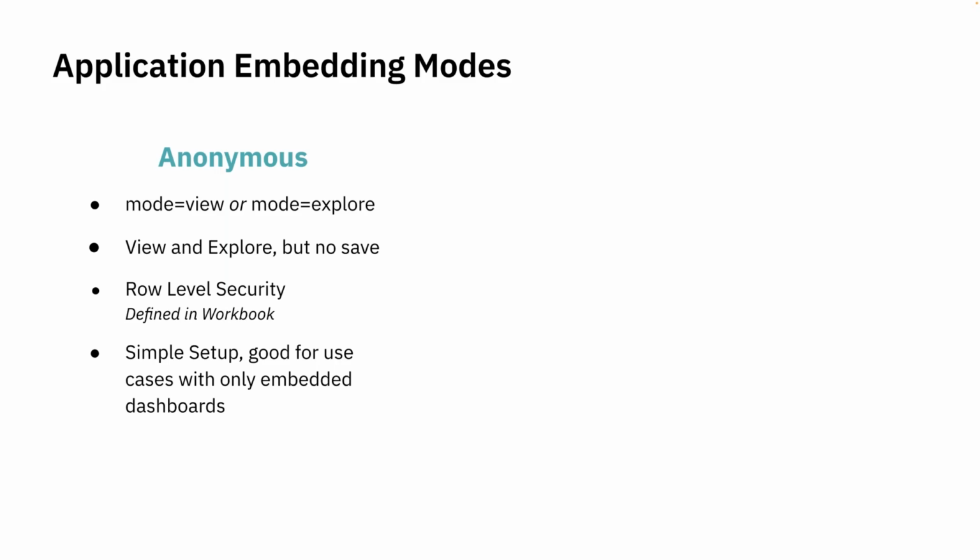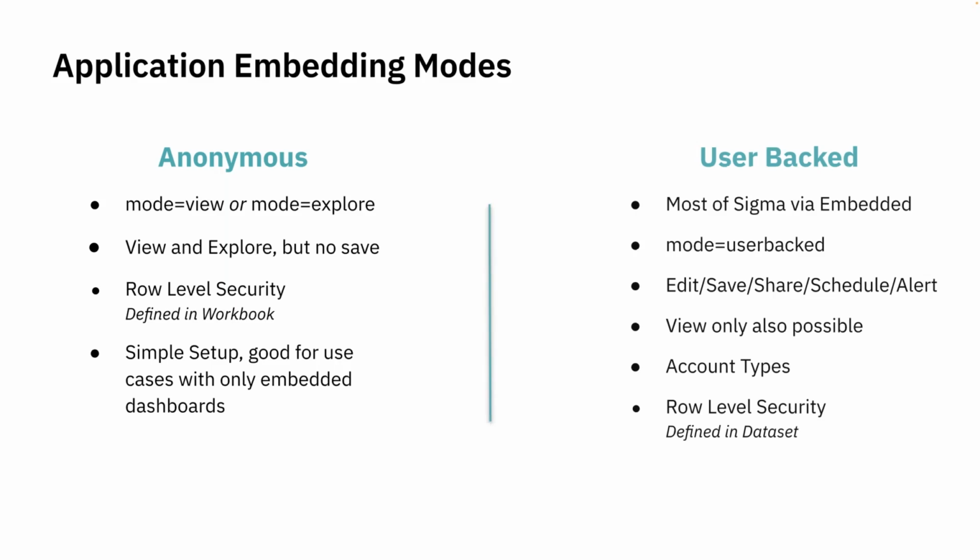And we've addressed that with this new feature. But if you have, I would say, lighter weight use cases where they're more curated, static, embedded dashboards, the anonymous mode is perfectly fine. And it's also very simple to set up. And the row level security for this one is defined directly inside the workbook on a hidden page. So the mechanics of this are quite simple.